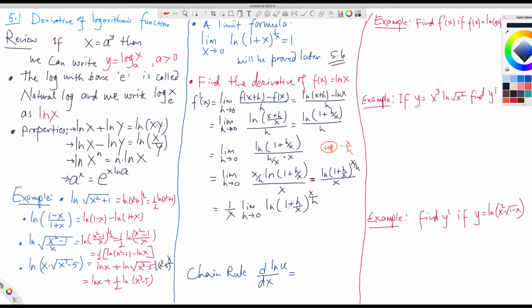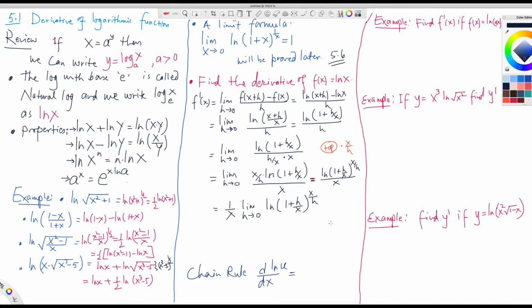So what did I do here? I'm trying to use the formula: the limit as h tends to 0 of natural log of 1 plus some quantity, with the reciprocal of that quantity in the exponent. Here the quantity is h over x, and in the exponent we have its reciprocal, x over h.